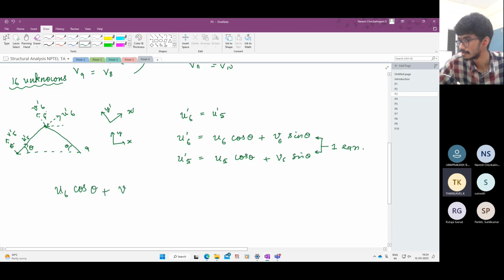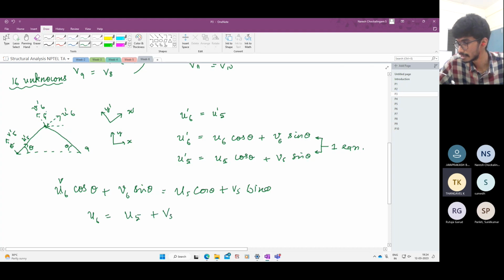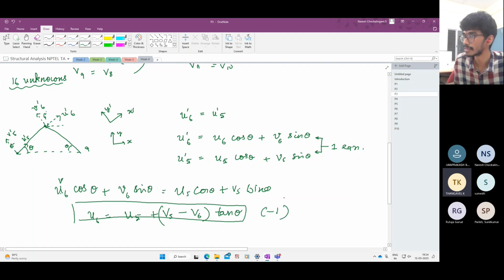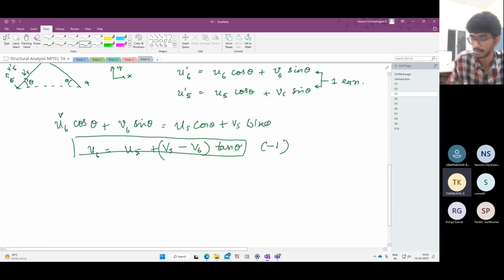U6 cos theta plus V6 sin theta is equal to U5 cos theta plus V5 sin theta. Now let me eliminate U6 from this equation. I'll get U6 is equal to U5 plus (V5 minus V6) tan theta. So now I got U6, so I can subtract one more unknown.